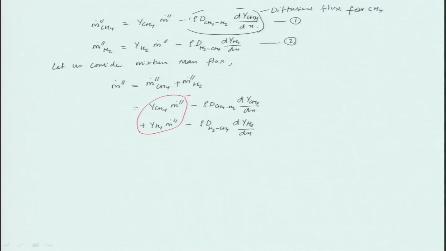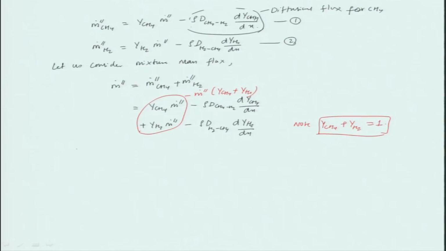I can write down this as Y_CH4 plus Y_H2 times m dot double prime, yes or no? And Y_CH4 plus Y_H2, what is that? 1. You can note that Y_CH4 plus Y_H2 is equal to 1, which we know for a binary mixture of methane and hydrogen.